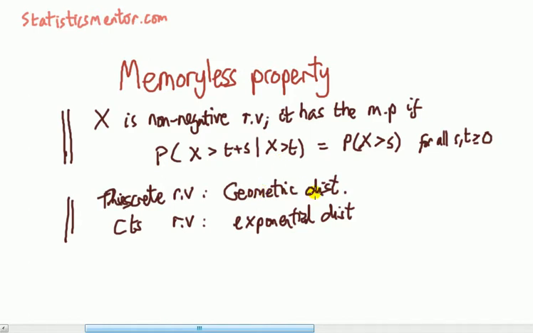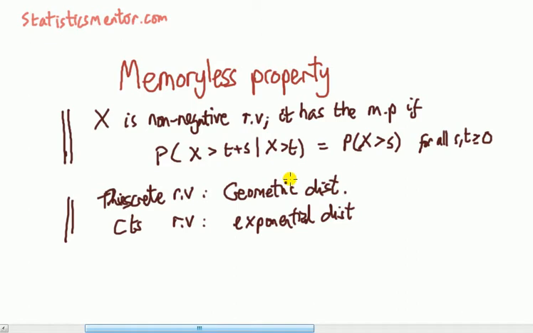Geometric distribution. Recall that the geometric distribution has to do with the number of trials until we get our first success, or it could be defined as the number of failures until we get the first success.